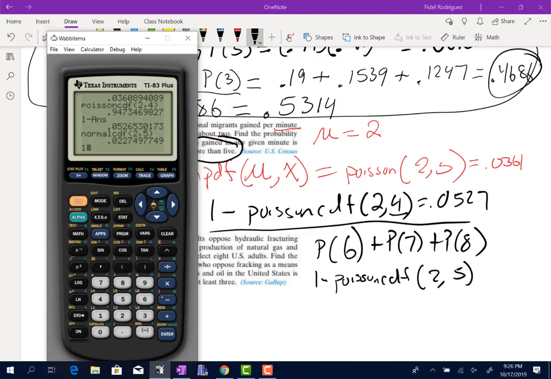And then 1 minus. And so this one, are you coming up with point? Oh, you know what? Did I do a normal one here? Ah, maybe that's where I messed up. No, but we did it earlier here, right? What number are you coming up with, guys? Are you getting the same number?